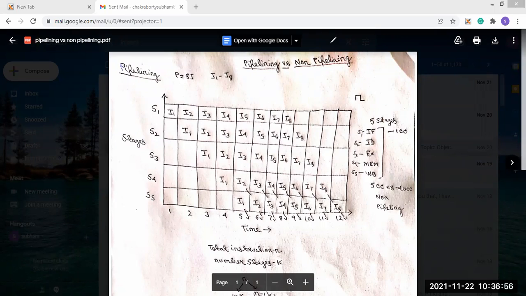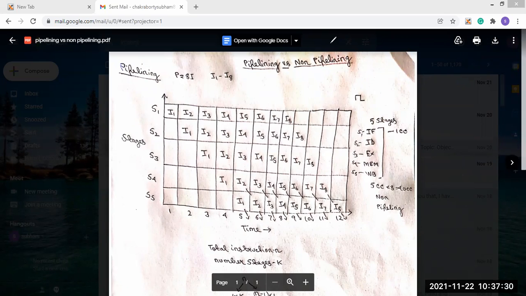Practically, some instructions are very simple and some are complex. Let's say instruction 1 is very simple and it is executed, but instruction 2 is very complex. So for execution it requires much more time.